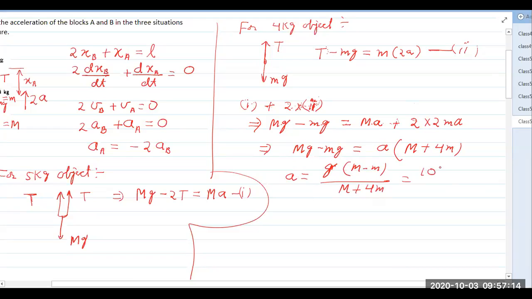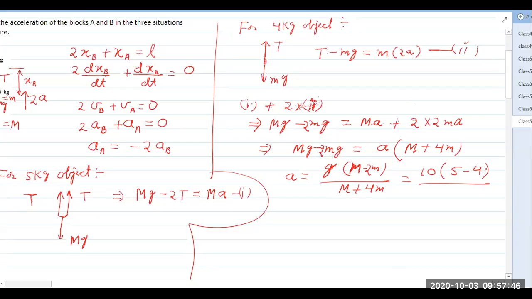So g is 10 and capital M is 5. Since it is doubled, the small mg term also becomes 2mg, which is 2 into 4.